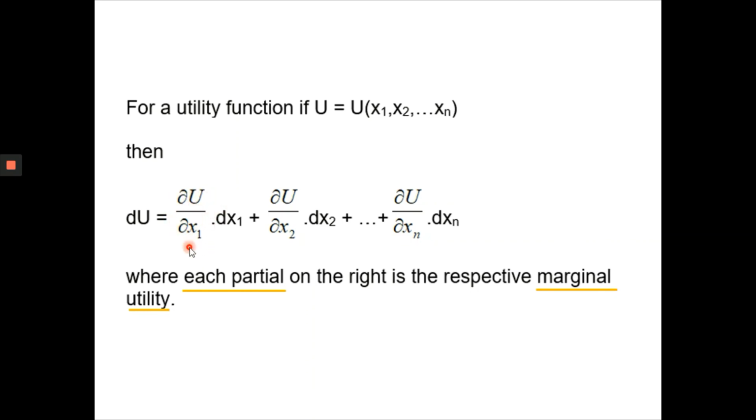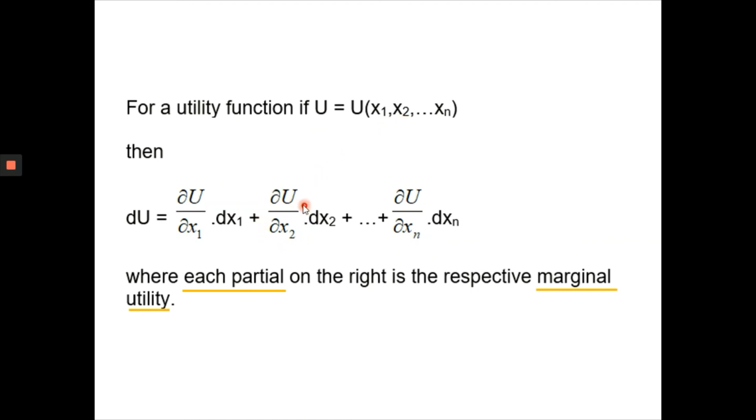and we would calculate this value by partially differentiating this utility function with respect to X1. All right, times dx1, an infinitesimal change in X1, plus this partial derivative here, partially differentiating this function with respect to X2.